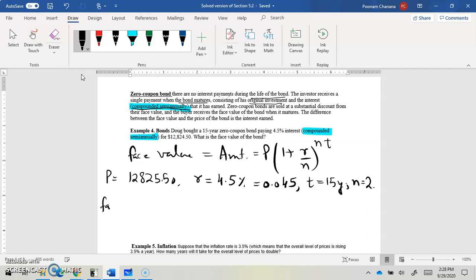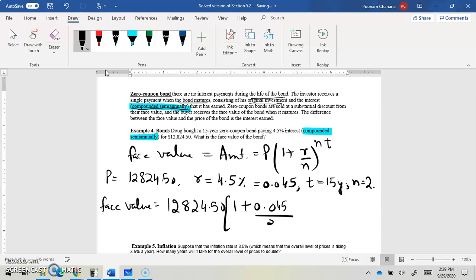So the face value is equal to 12,824.50 times 1 plus 0.045 divided by 2, raised to the power 2 times 15, which is 30.